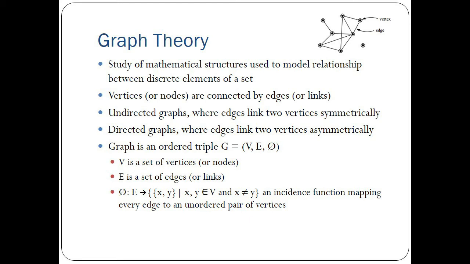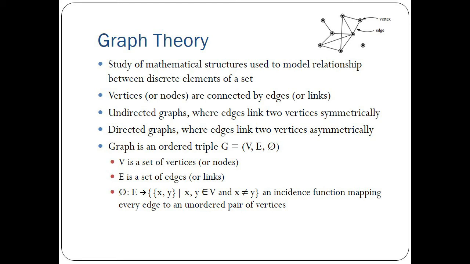For example, elements could be represented as vertices or nodes, and the connections between those vertices are called edges, and an edge represents the relationship. Vertices or nodes are connected by edges or links. This is the fundamental of graph theory that you had already studied somewhere and will study in future.